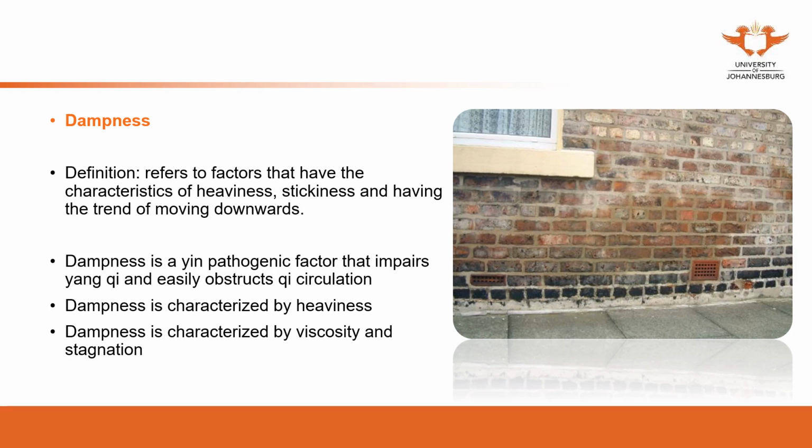That is because the physical materials are in the meridians or channels where the qi and blood move. But now the pathways are occupied by the dampness, so the qi and blood have no opportunity to move.